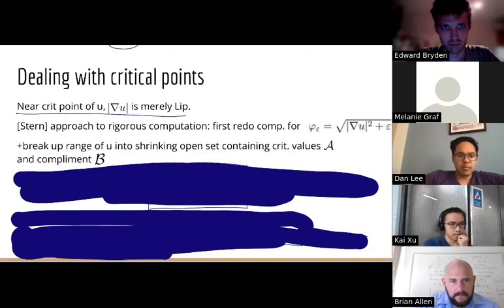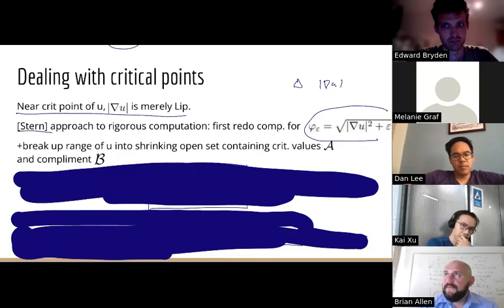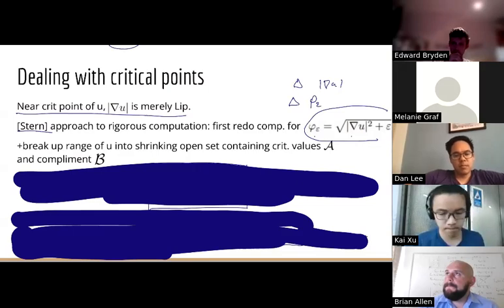Okay, and the point is that near a critical point, even if U is smooth, norm grad U is only Lipschitz in general. And Daniel introduced the following kind of reasoning. You redo the calculation, but instead of starting with Laplacian of norm grad U, you do Laplacian of phi epsilon, where this is the square root of norm grad U squared plus epsilon.